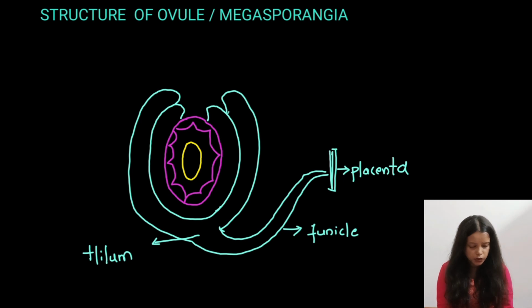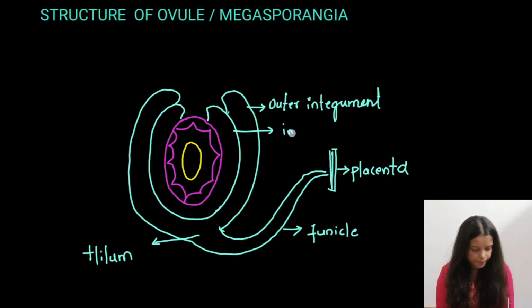Clear about this? Then there are coverings, right? These coverings are known as integuments. The outer one is known as outer integument, and the inner one is known as inner integument. Here there is a region where there is no integument covering.